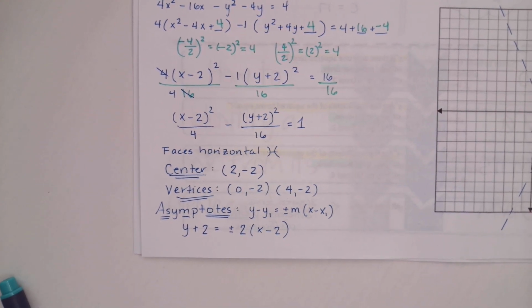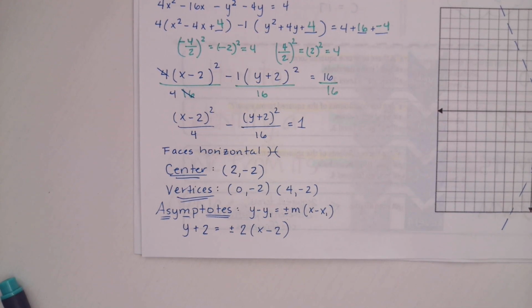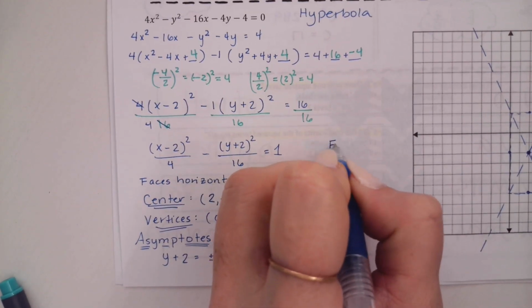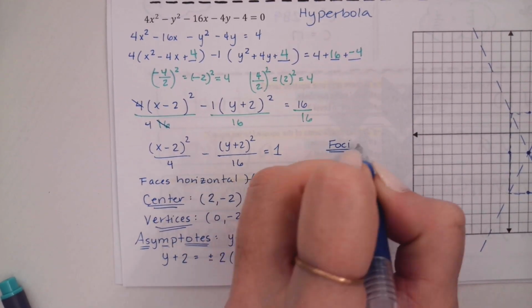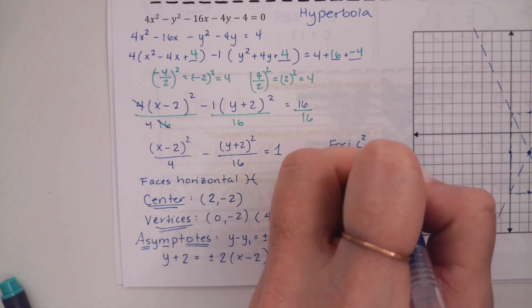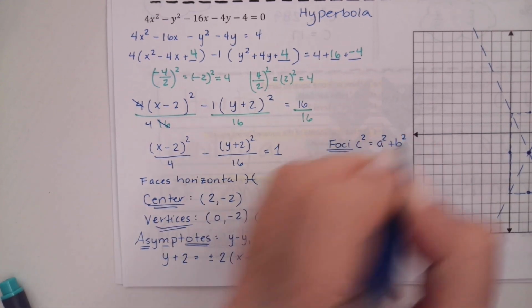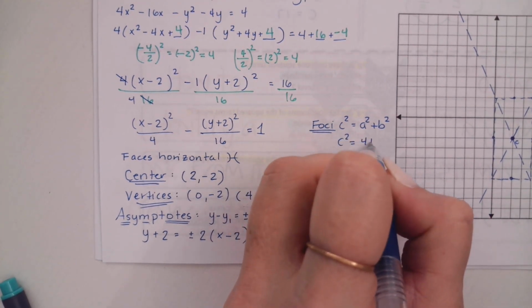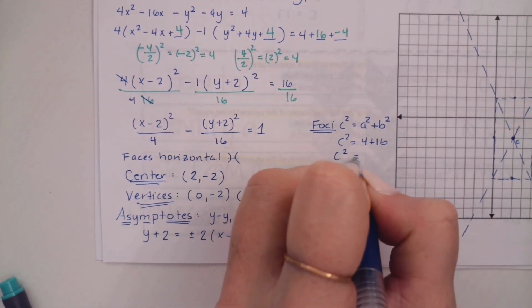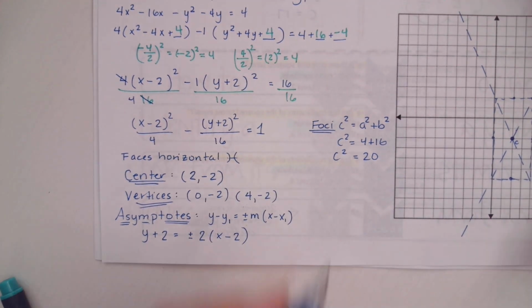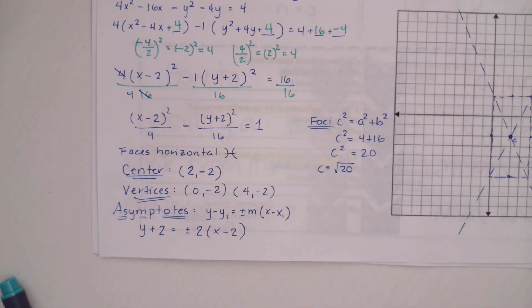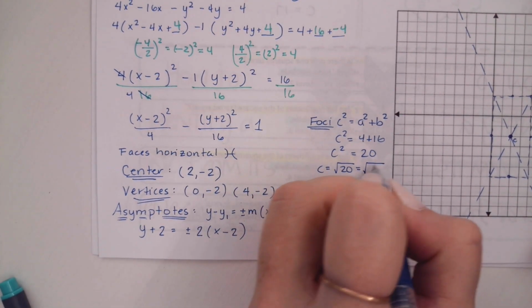We also have to find the eccentricity and the foci still. For the foci, c squared equals a squared plus b squared on this one, which would be 4 plus 16, which is 20. 20 has a perfect square factor, so it's going to be 4 times 5.